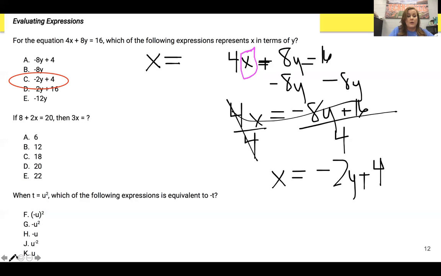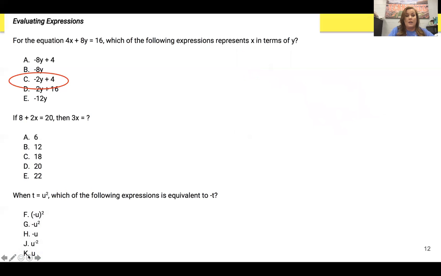The next one, we have got, if x plus 2x equals 20, then what's 3x? We just need to take this equation and solve for x. So x plus 2x equals 20. We're going to subtract 8 from both sides.